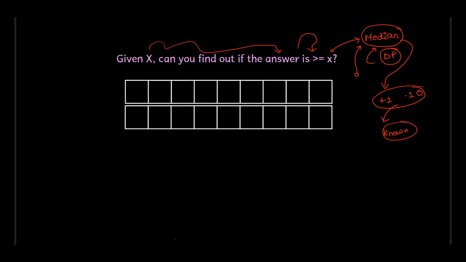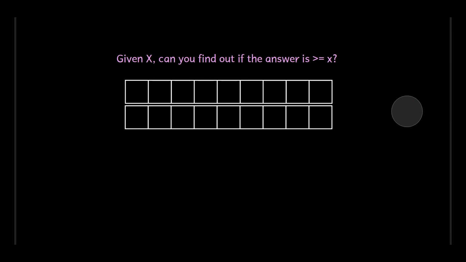That is, we don't have any rule book for solving maximizing the minima or minimizing the maxima problems. But suppose you want to apply the binary search and answer trick here, where you want to know if the answer is greater than or equal to x. Then you go to each element. Suppose this element is a: if a is greater than or equal to x, you replace it with a 1.